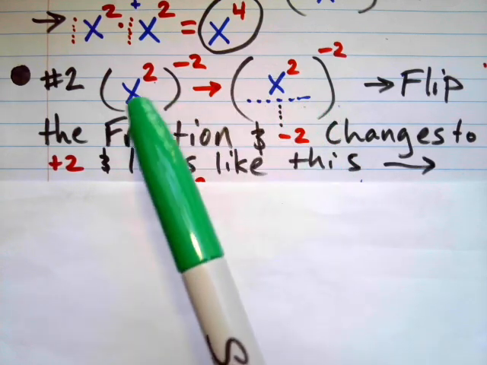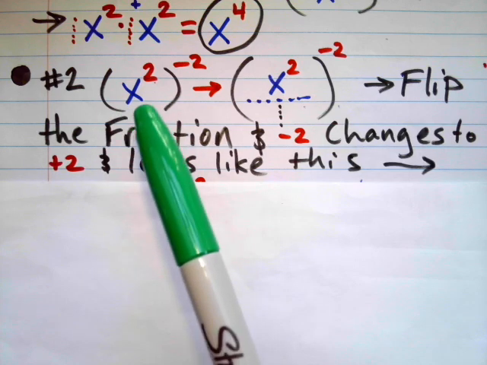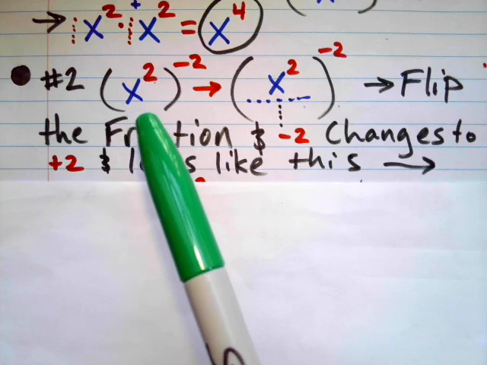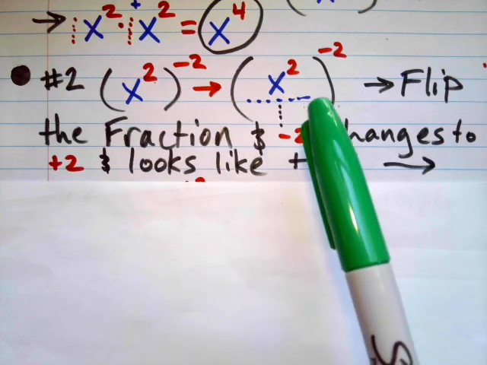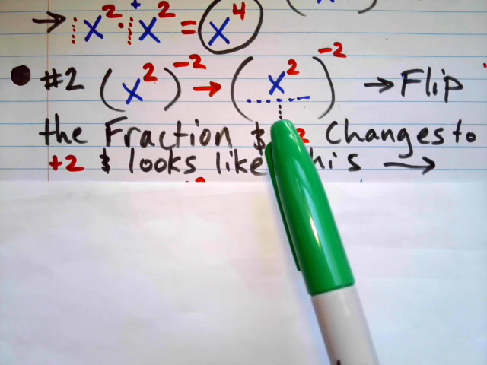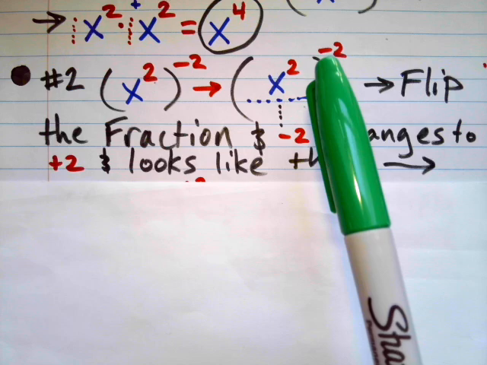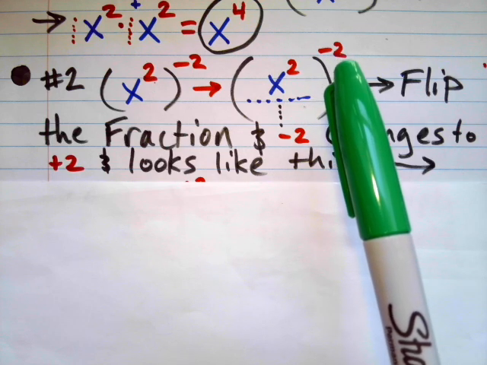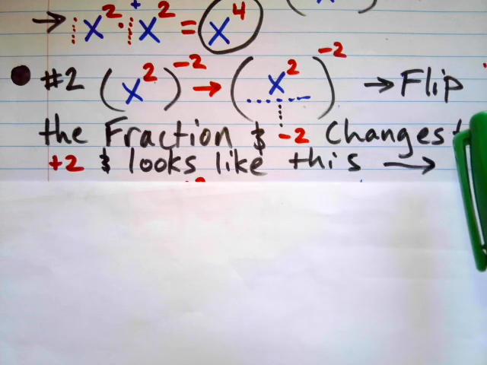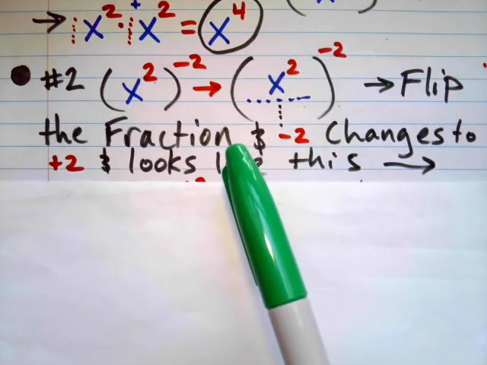And now you're going to see where that invisible 1 comes into play. There's an invisible 1 underneath this term. It's not shown because it's invisible. You're supposed to assume that you know it's there. So I'm showing it with the dot, dot, dot here. There's a 1 in the denominator's place of this term. In order to get rid of that negative power of 2, you simply flip that fraction inside those parentheses.